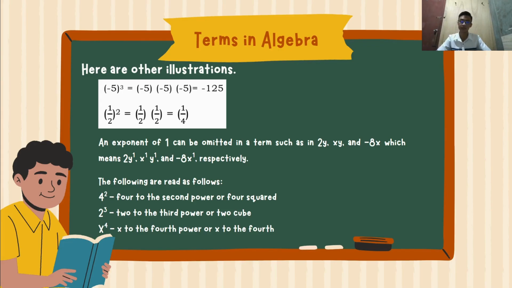Okay, I hope you get it. Now we have another example. We have 1/2 squared, which is equal to 1/2 times 1/2. It is equal to 1/4. Okay, you got it? All right.